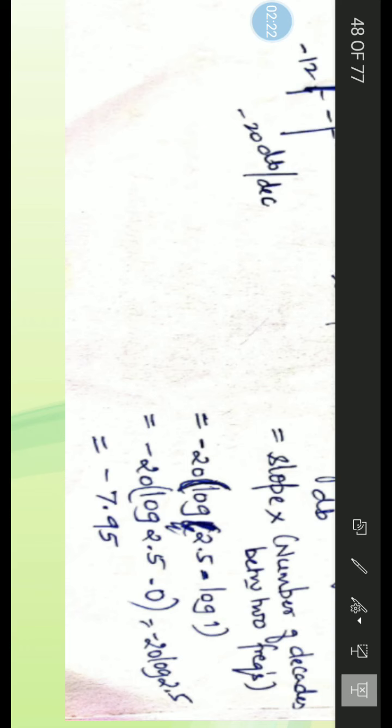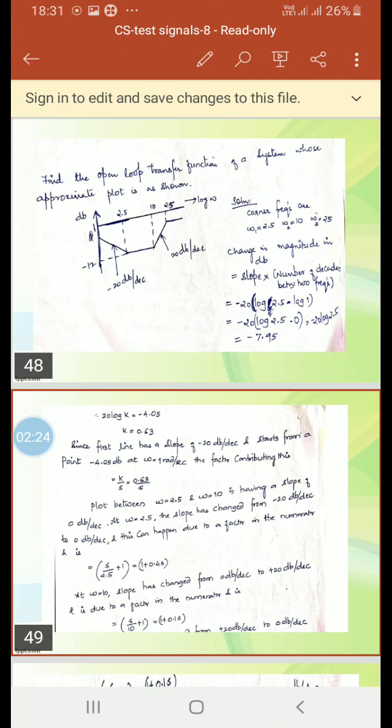So minus 20 log 2.5 minus 0, which is minus 20 log 2.5, which is minus 7.95.